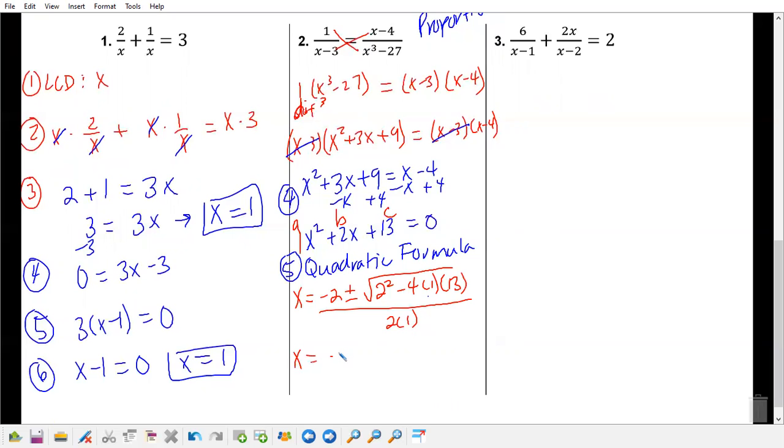So we get x equals negative 2 plus or minus the square root of 4 minus 52 divided by 2. Uh-oh, Houston, we have a problem. What happened here? What's going to happen here? You end up with a negative 48. Because you end up with a negative under the square root, that means that you have no real solution.